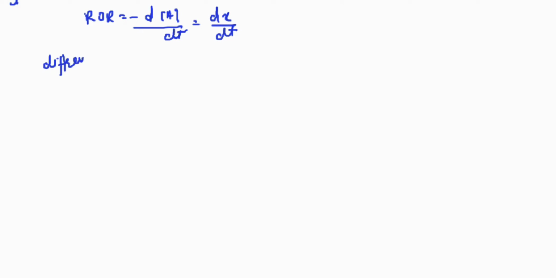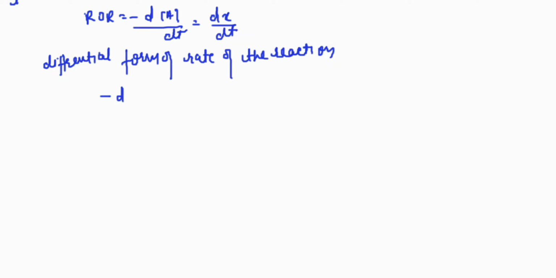If we see the differential form of the rate of the reaction and put in the value of A, it is minus d(a minus x) by dt, which equals k into the concentration of A. Since it is first order, if we differentiate this, we get dx by dt equals k into (a minus x), where a minus x is the concentration.